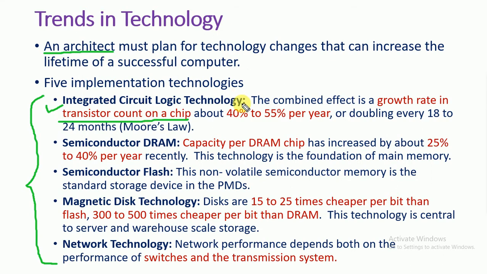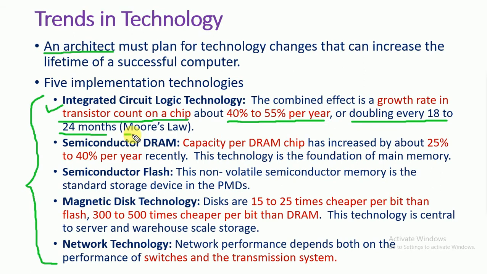What is that growth rate? You can see there was about 40% to 55% growth per year in the number of transistors present in a particular chip. That means it was actually doubling. The number of transistors present in an IC was doubling every 18 to 24 months.